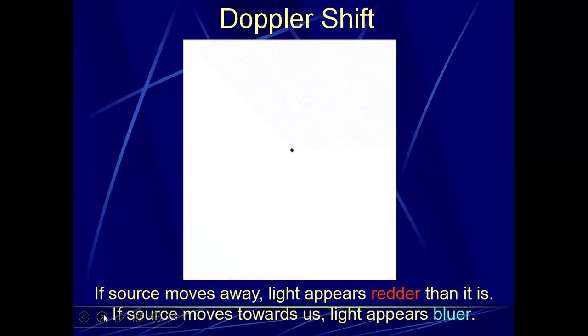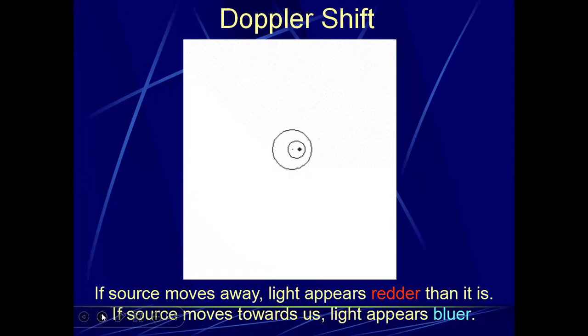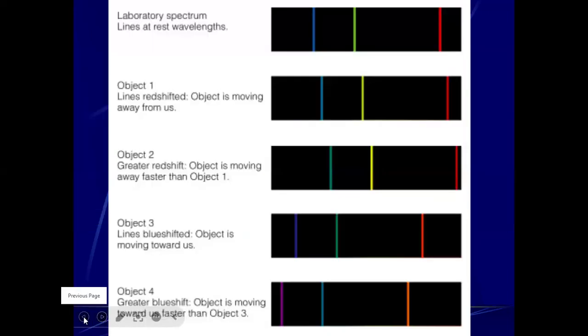If the source moves towards us, light appears bluer. In the visible light region of the electromagnetic spectrum, the shift of the light waves is proportional to the relative speed of the source and the observer. This is the main property of propagating waves.